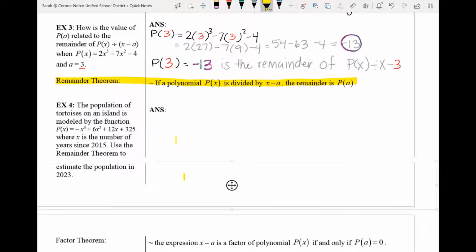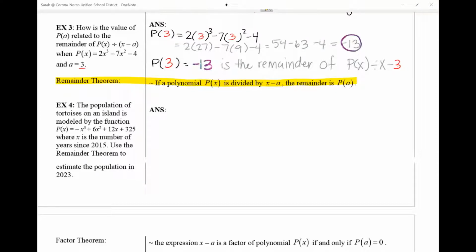So what we're going to do is, instead of evaluating P of x and getting a large value because we're doing a cube times a squared and adding up all these large numbers, we can use synthetic division to help us do that a little bit more quickly. And so what we want to do here is first identify what A is.